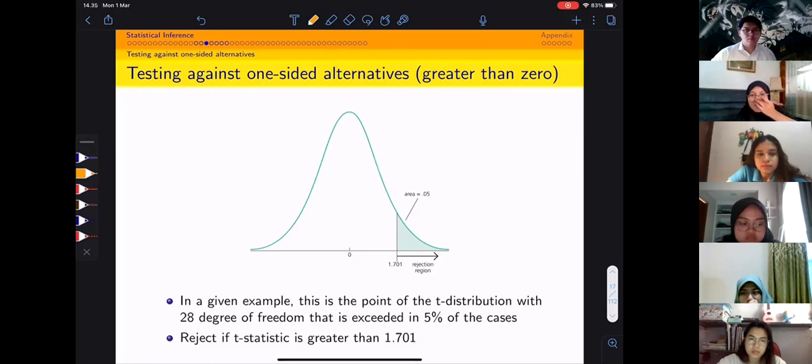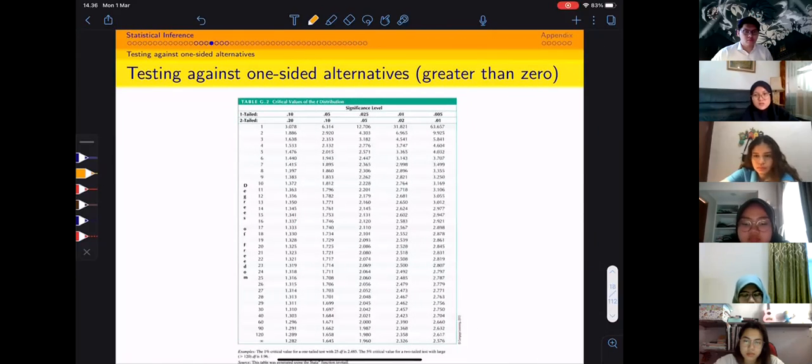If the t-statistic or the t-ratio exceeds 1.701, then we reject the null hypothesis at the 5% significance level. If the t-statistic is lower than 1.701, then we do not reject the null hypothesis. Now, how do we know the value of 1.701? It's taken from the student t-table.